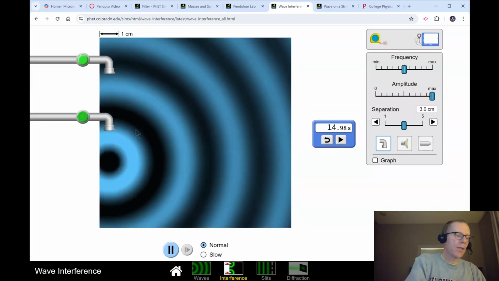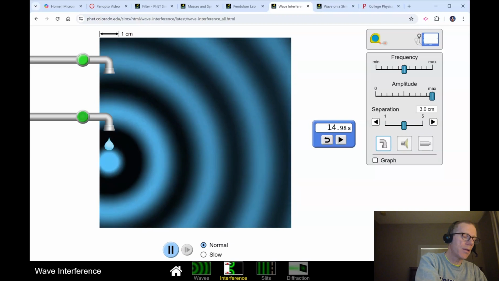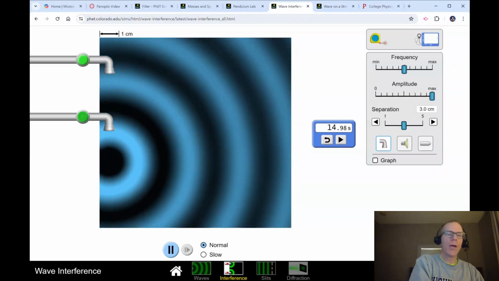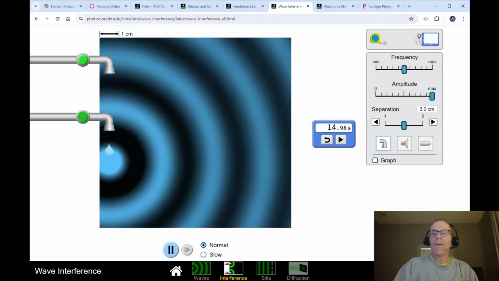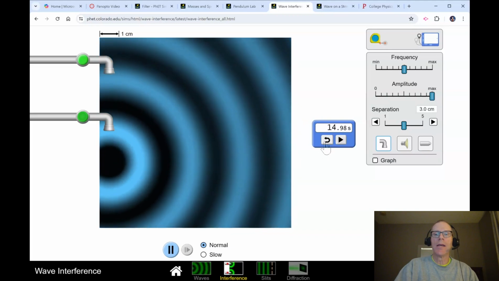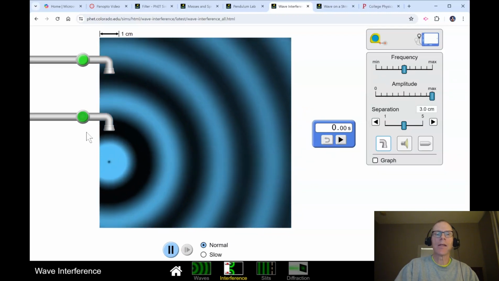So 10 waves was 15 seconds. So about the period of about 1.5 seconds. So from that, you can figure out the frequency, and you can figure out the wave speed, and you can put those in the comments.